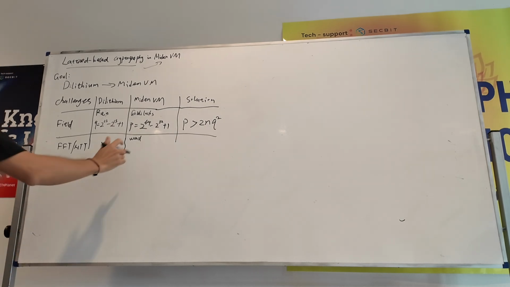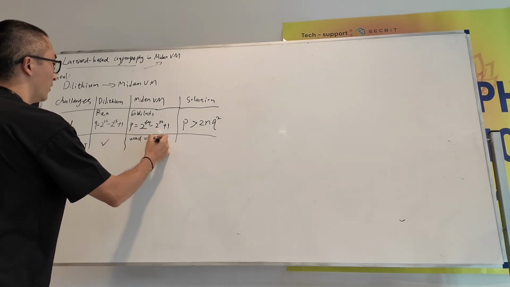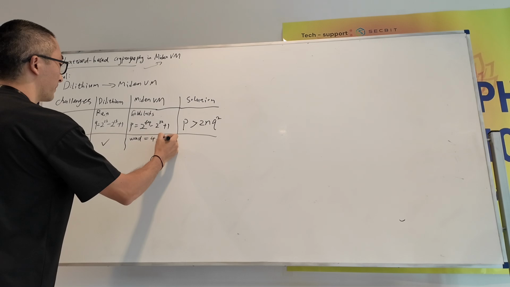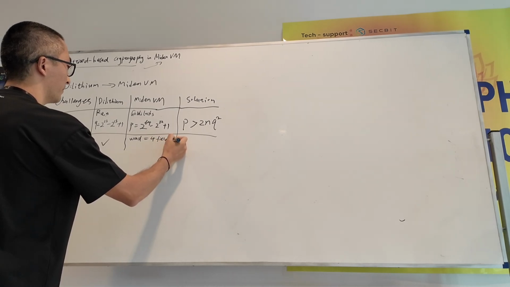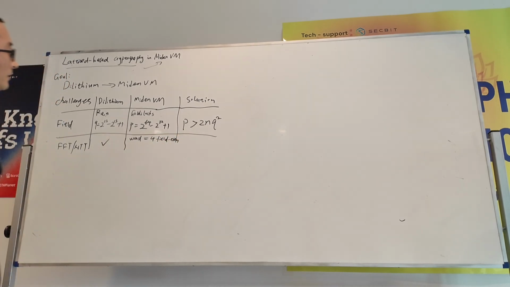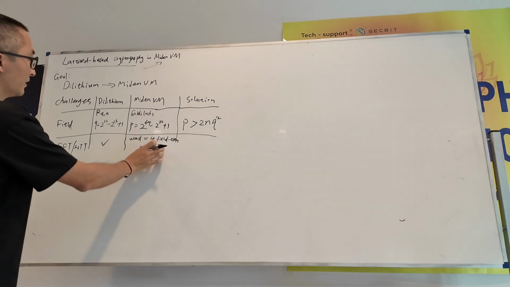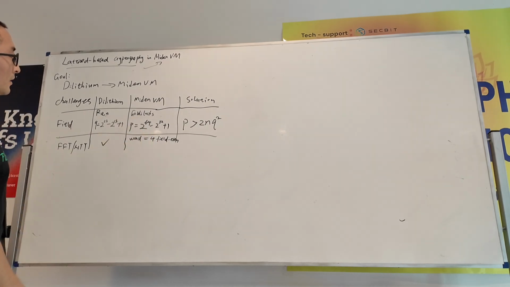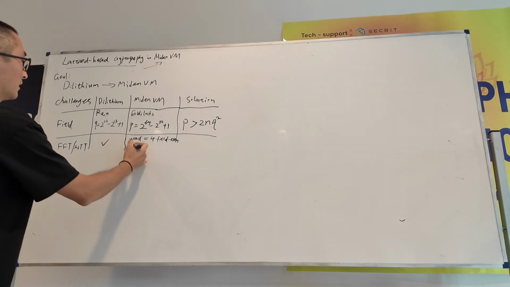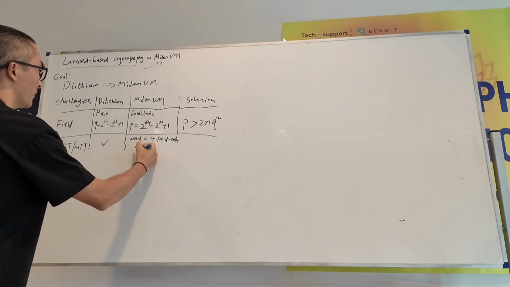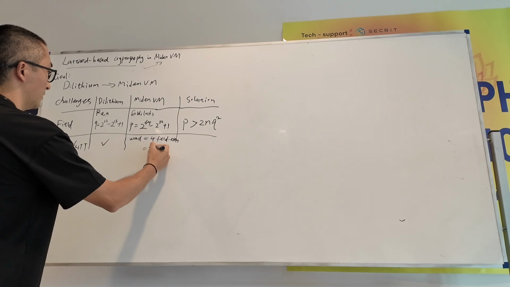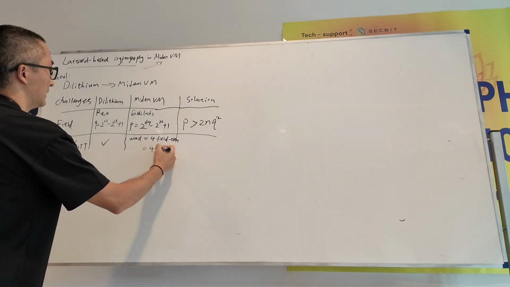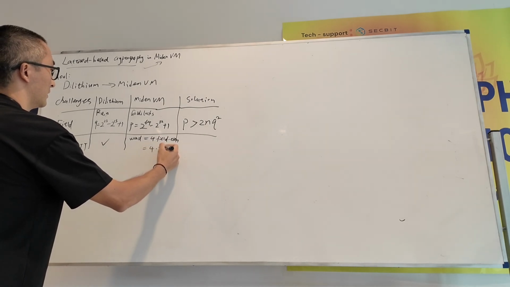This structure, the word, equals 4 field elements. Each element is under the Goldilocks field and is 64 bits. So a word equals 4 times 64 bits.